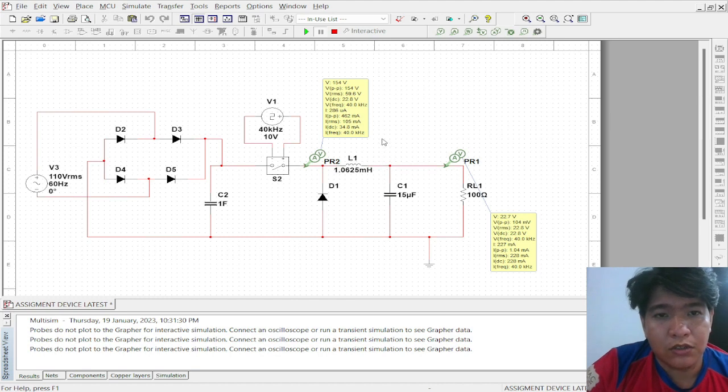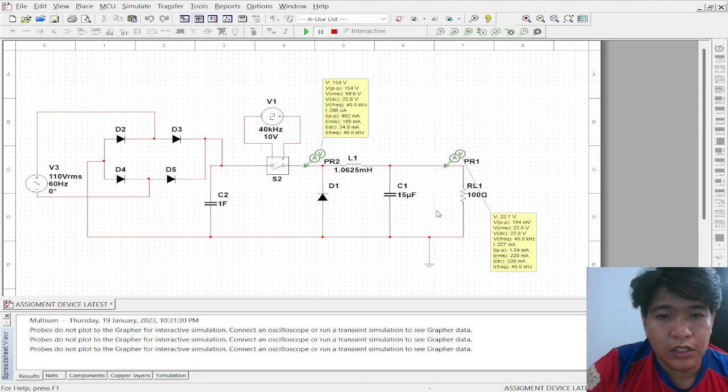After the simulation, we are able to get from 154 volt, step down until 22.7 volt, which is in the range.